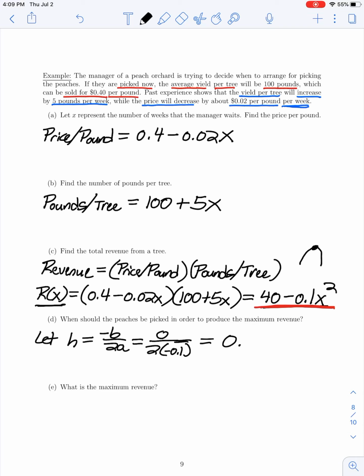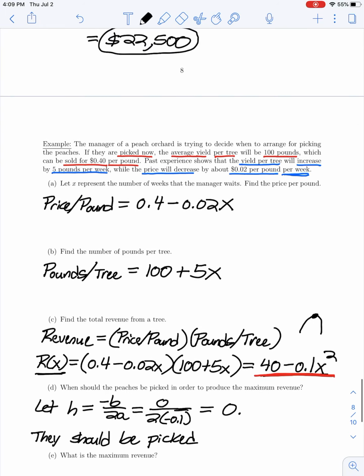So what does this mean in relation to the problem? Well, recall that x was the number of weeks that the manager waits, so they should not wait. They should be picked now.